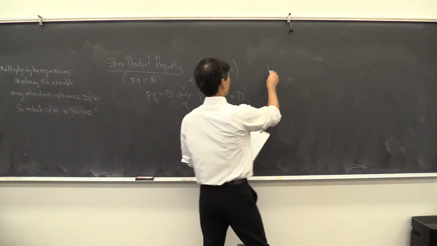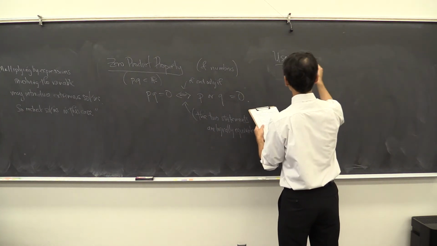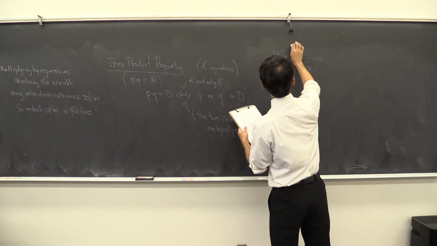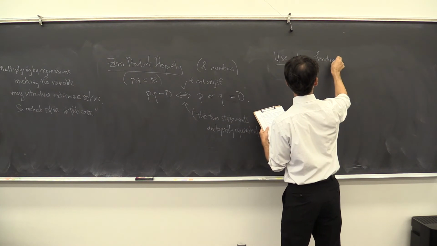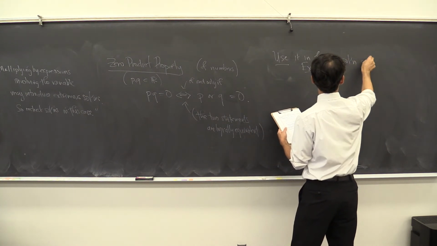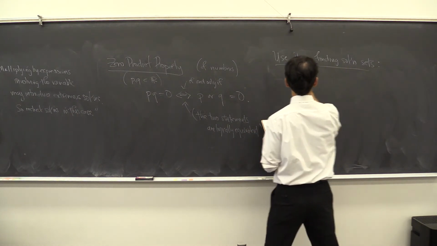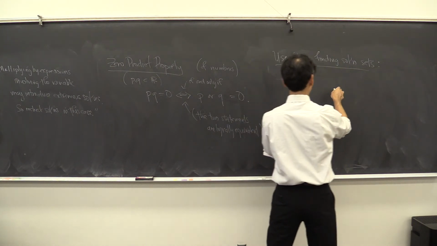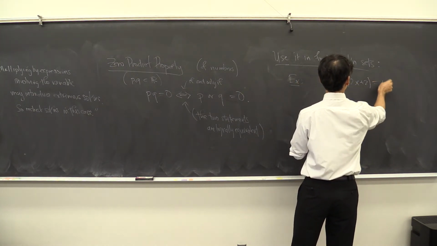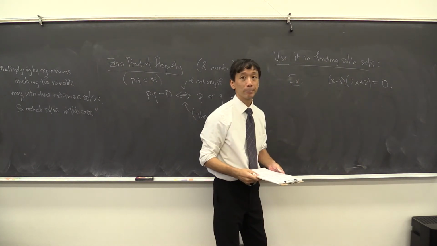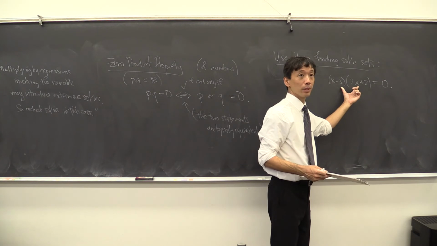And the way we use it is as follows. So for example, we use it in finding solution sets. So if I have something like x minus 3, 2x plus 2 equals 0, suppose I simplify my equation and I get something like this.